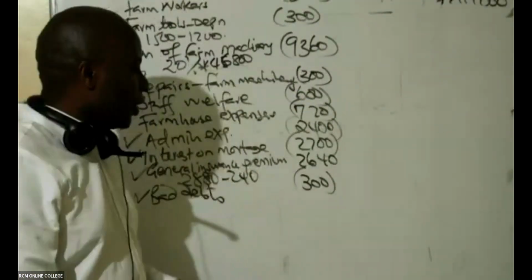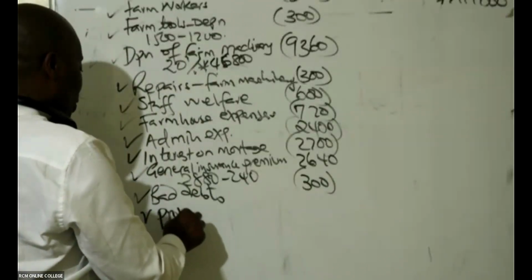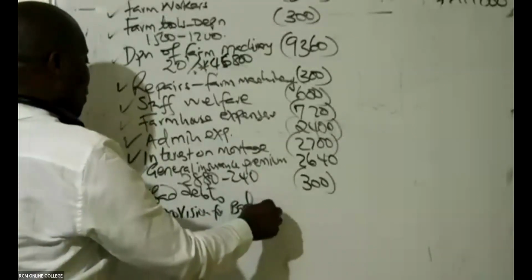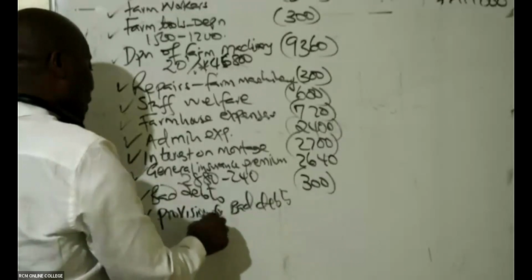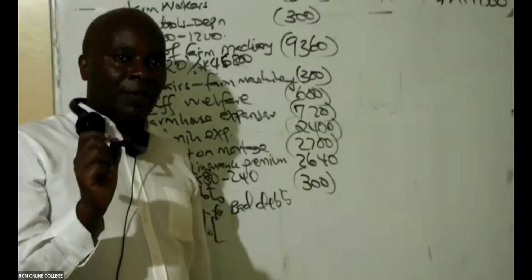So then we have, ladies and gentlemen, bad debts and your provision for bad debts. They have told us it's 4%. Remember, we do the provision for bad debts on the company's receivables.